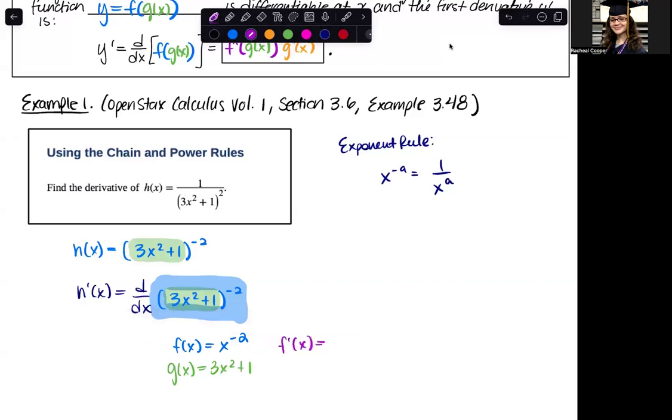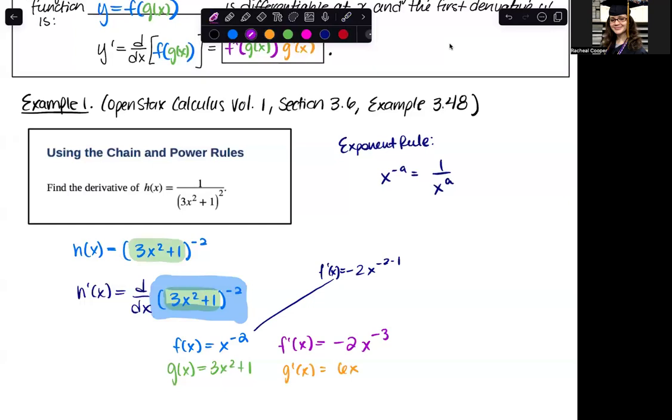Then we write down our subsequent derivatives. Negative 2, x to the negative 3 is the derivative of x to the negative 2. Remember the power rule here? We bring the negative 2 down out in front, and then we subtract 1 from the exponent, forgive me. Minus 2 minus 1 is negative 3. And then we're going to go ahead and differentiate g. The derivative of g is 6x.